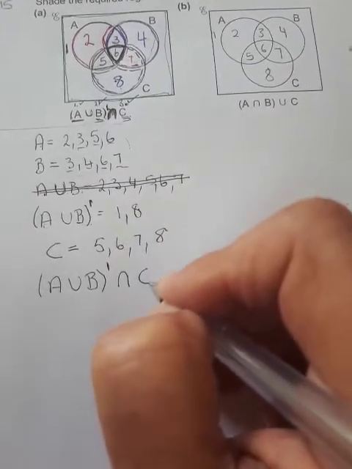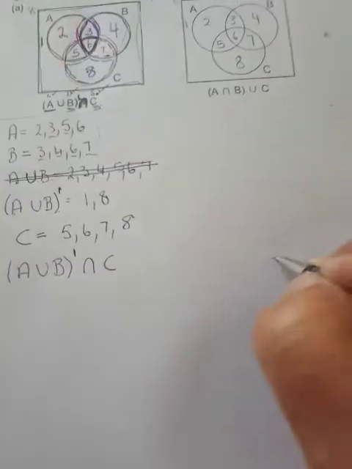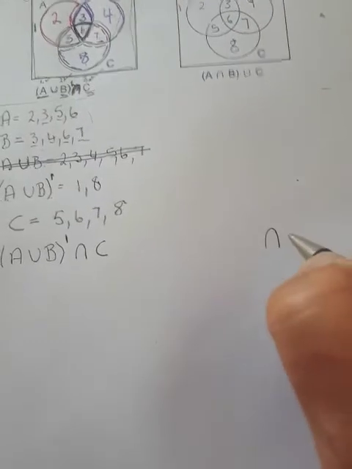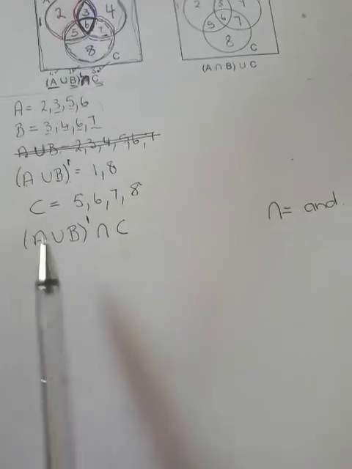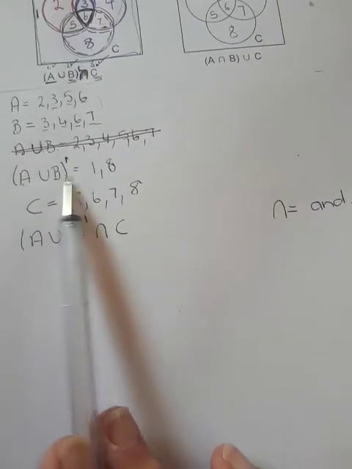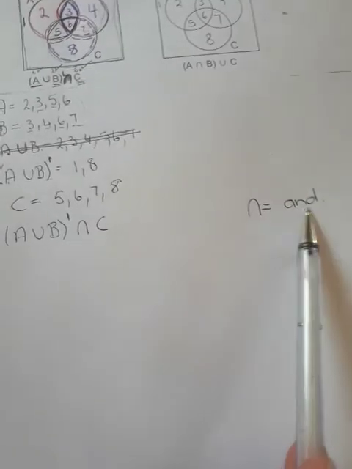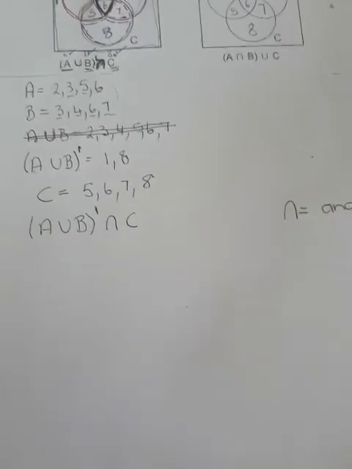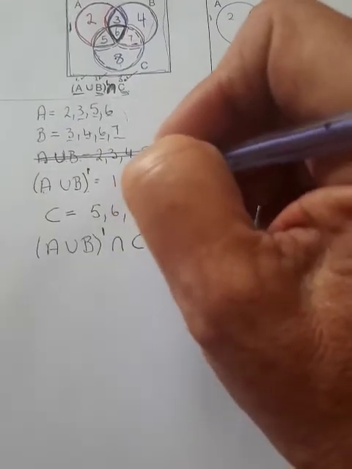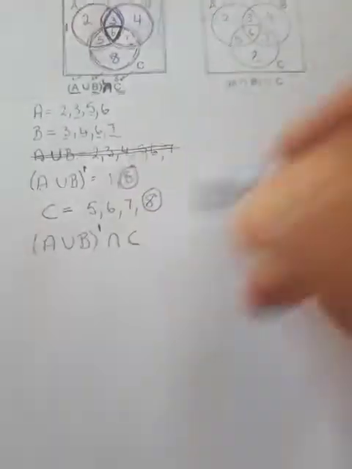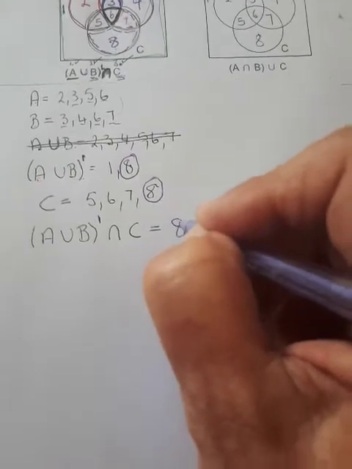intersection C. Remember, intersection means and. Which region is in A union B complement and in C? If you look at that, you can now clearly see that it is only region 8.